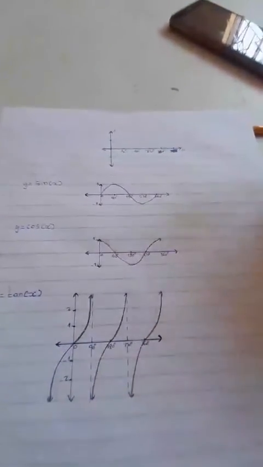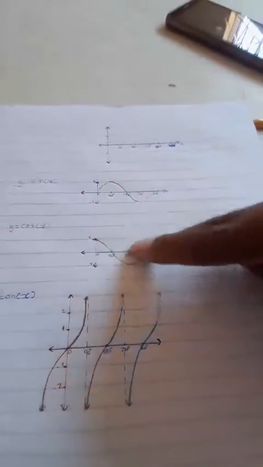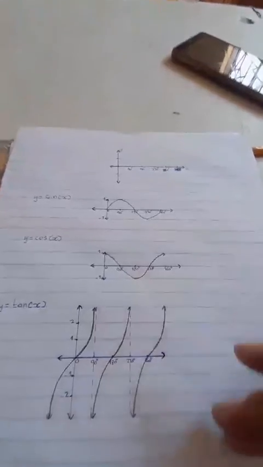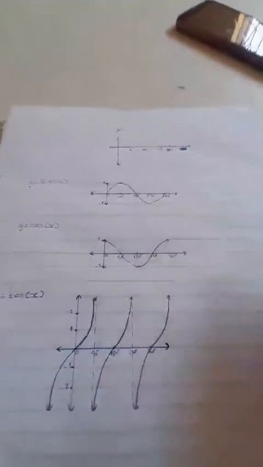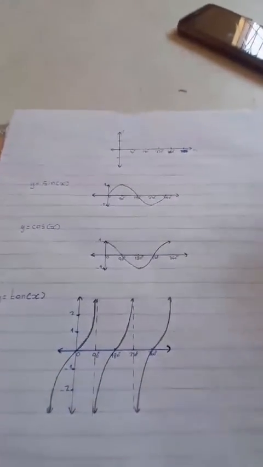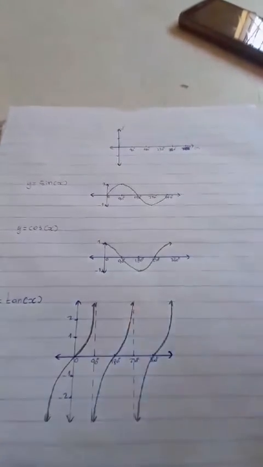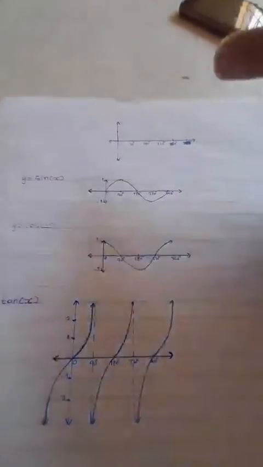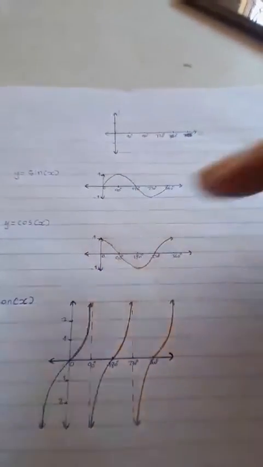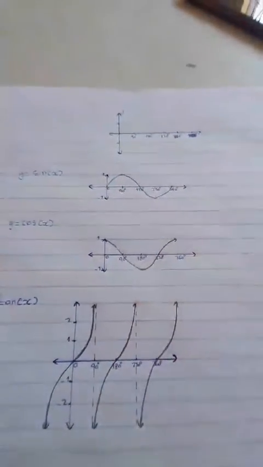They're not that hard. You just know that the sine starts from 0 and the cos starts from 1. And the tan does not change. It is different from the rest, and you can tell just by looking that this is a tan graph. It's a little bit hard, but if you know that sine starts from 0 and cos starts from 1, then you are done. Let's proceed.